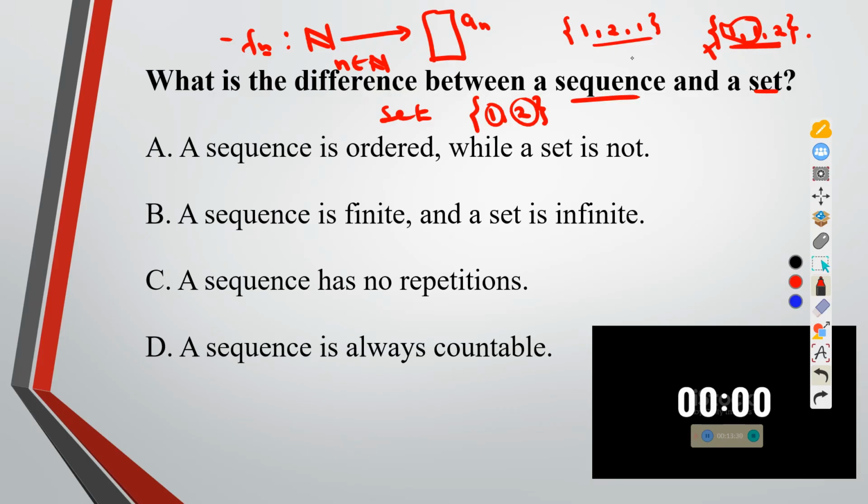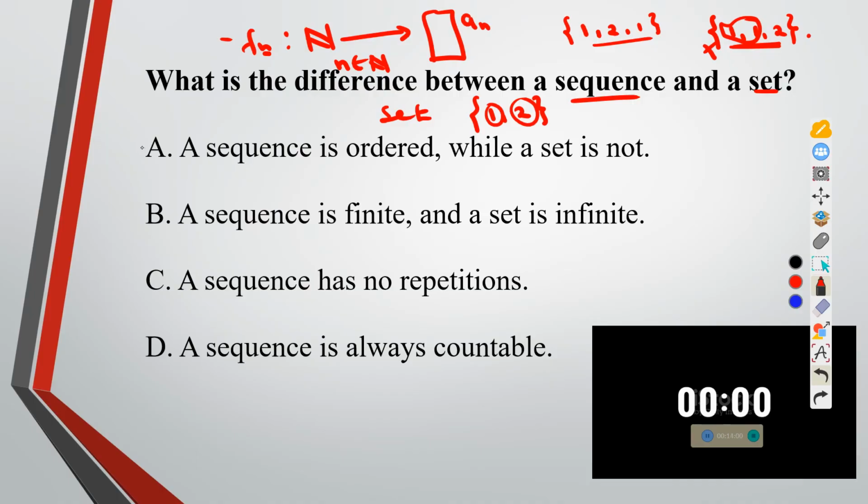For a sequence, order is very important. For a set, what is important is membership. So ordering is the fundamental difference, as it allows sequences to model progression or indexing, unlike sets. That is the most important thing that distinguishes the two.